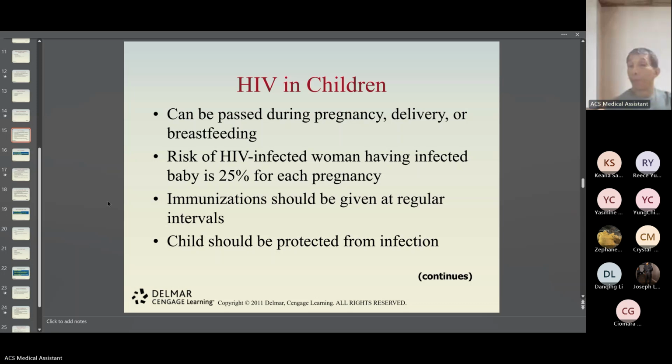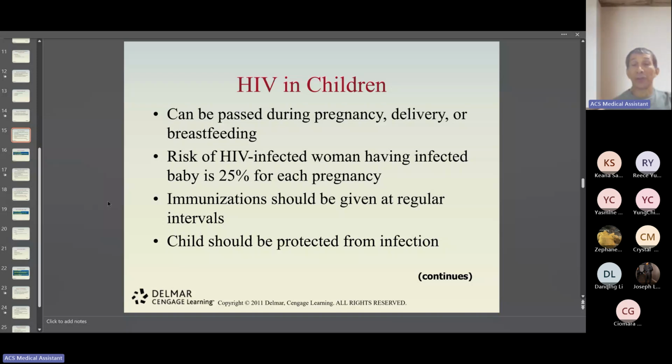Now, there is still no vaccine for HIV. As soon as the baby is born from a female that is HIV positive, we're going to run a blood test. But that's not going to be definite. The baby can test positive just because it was being fed with the female's blood and still has the female's blood within its circulation.